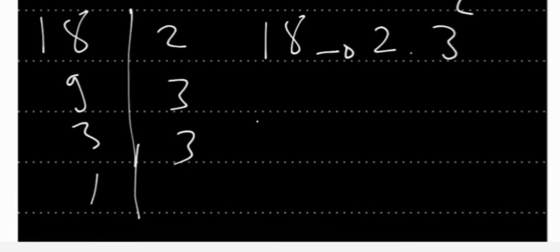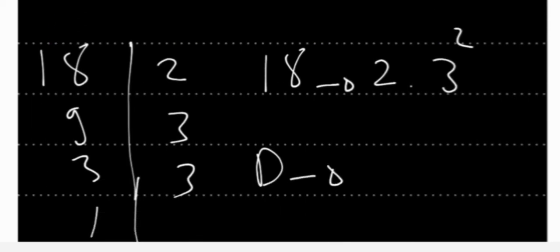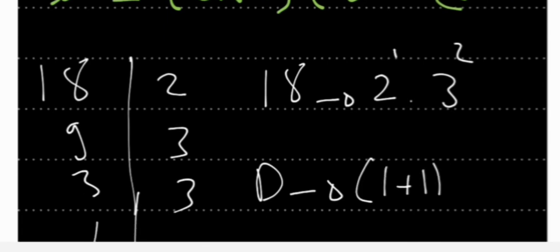So the number of divisors, if we use this rule over here, we use that A plus 1, well, 1 plus 1, right? Because this is 1. And then multiplied by 2 plus 1.